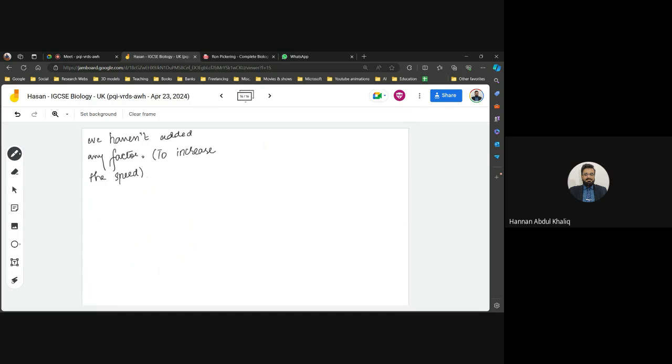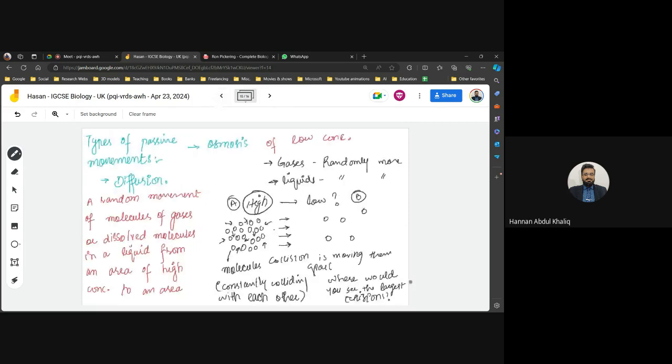So right now you can say it's a spontaneous movement that is occurring, like the movement of substances on its own. Anything that is spontaneous means it is on its own. So this is what we call diffusion. And it can happen inside a liquid and it can happen to a gas.